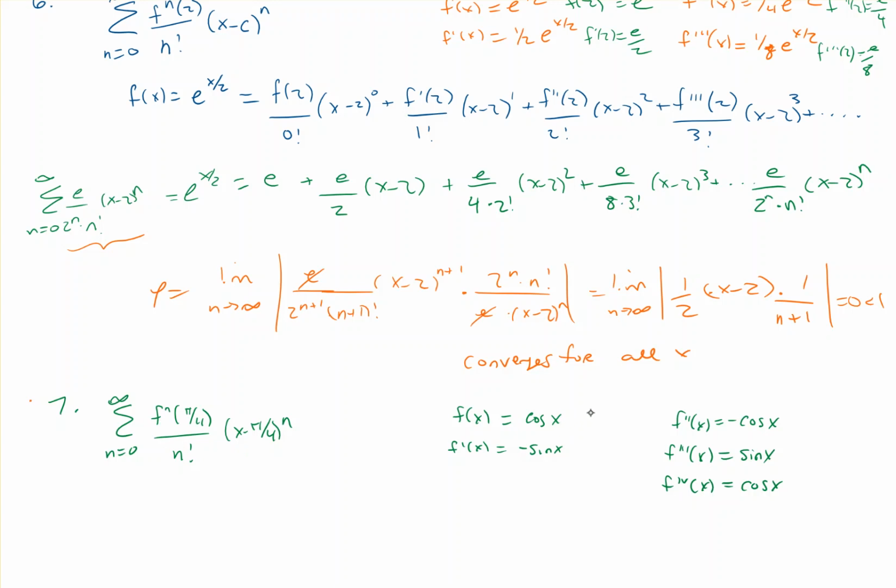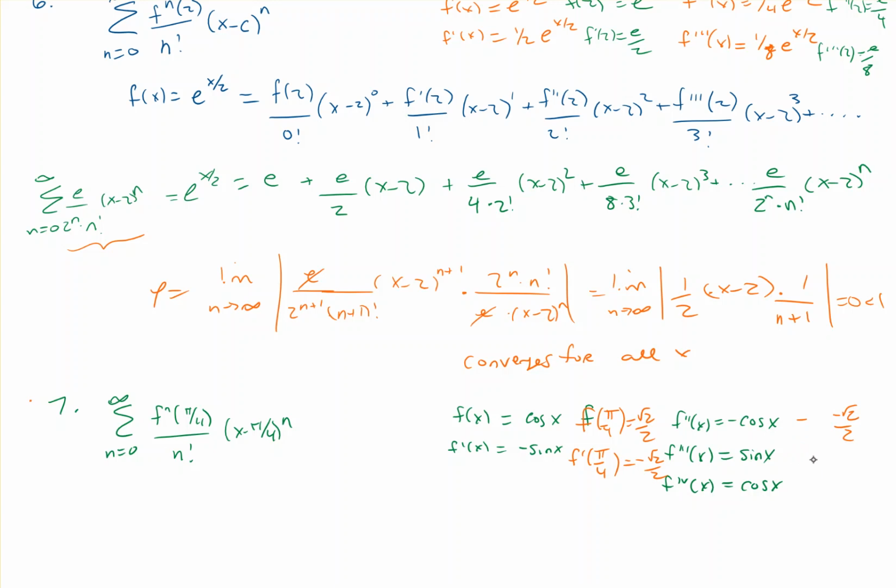We know it's always root 2 over 2. So I'm going to use a different color. F of pi over 4 is root 2 over 2. F prime of pi over 4 is negative sine of pi over 4, which is negative root 2 over 2. This now is going to be negative root 2 over 2, which we're plugging in for f double prime.